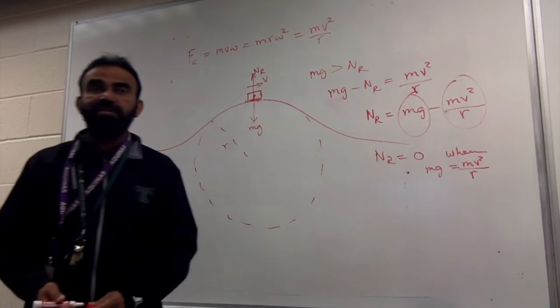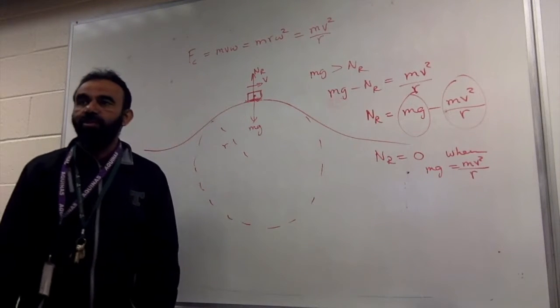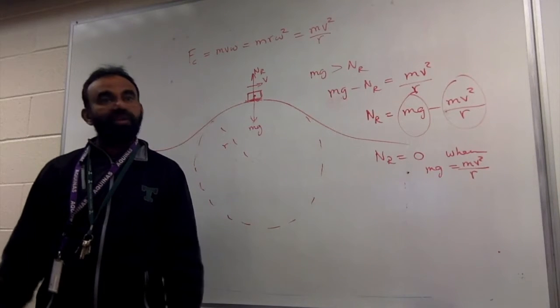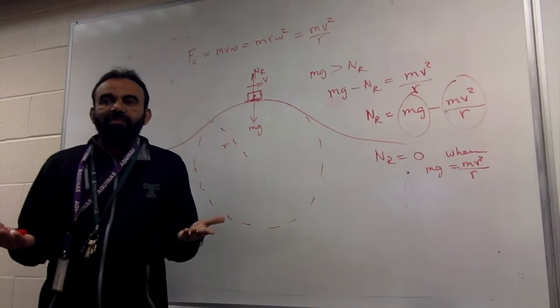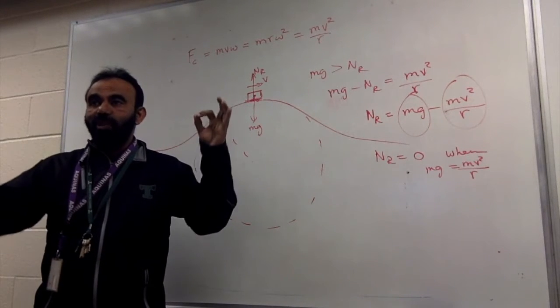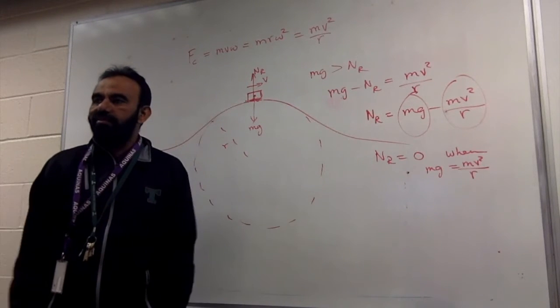What does it mean that NR turns out 0? That means the road is not pushing the car anymore. You're airborne. You're not supported by the road anymore. That means you're having a complete weightlessness experience, like you're in free fall.